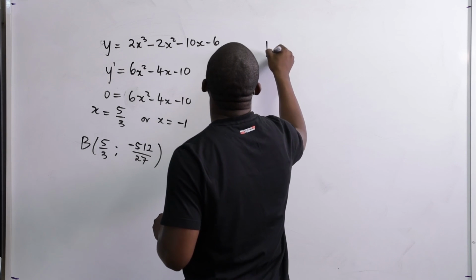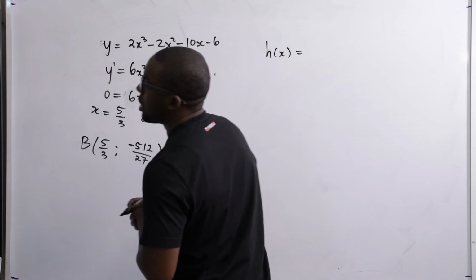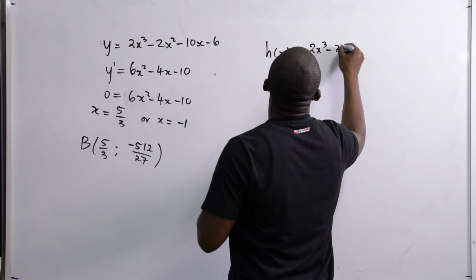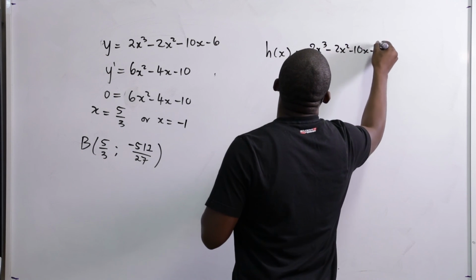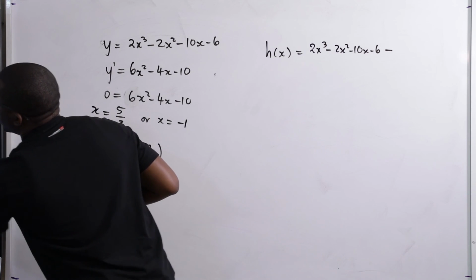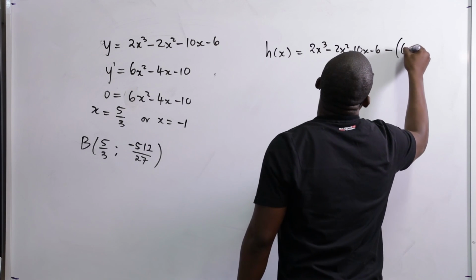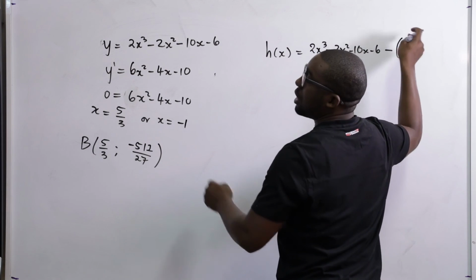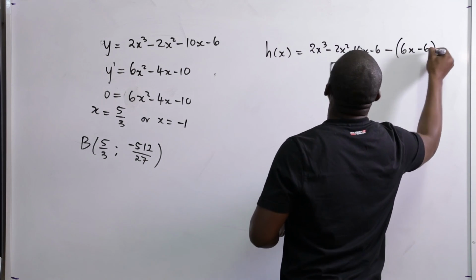So they're saying h of x is the difference between f of x, 2x cubed minus 2x squared minus 10x minus 6, minus g of x. g of x was given as a binomial expression, so put it in brackets so that you correctly distribute the negative.